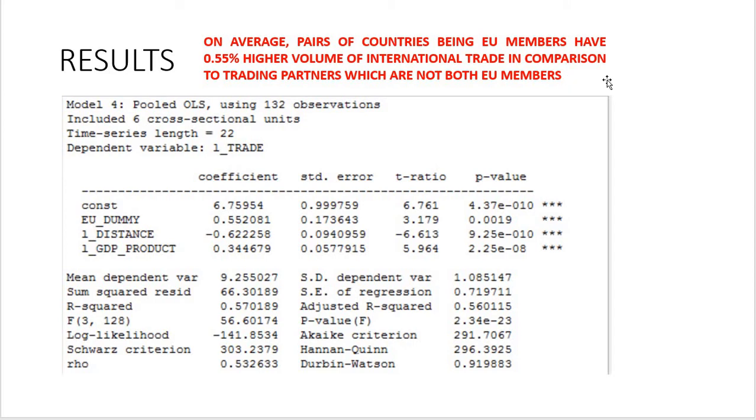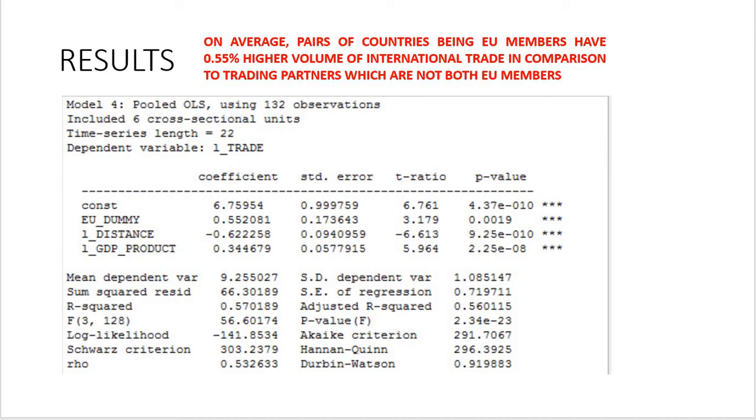Again, we compare a situation where both trading partners are European Union member states to a situation when this is not true. So it is not true in the case when only one country is a European Union member, and it's not true in the case when neither of the two trading partners are European Union member states.